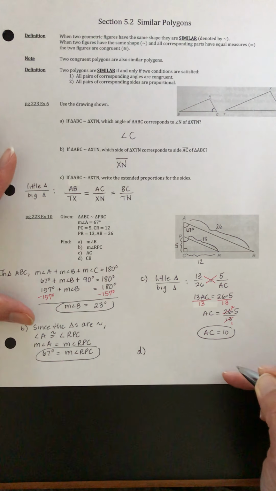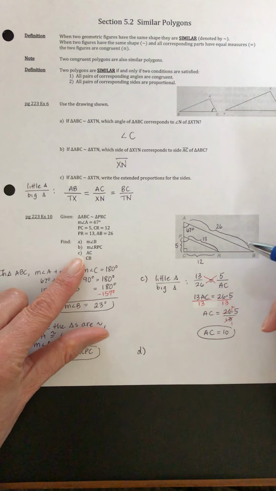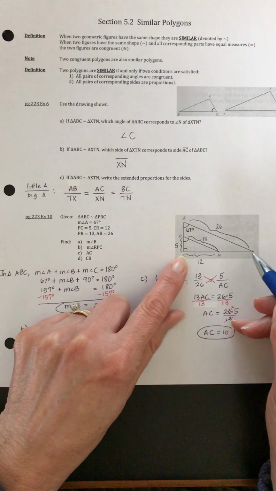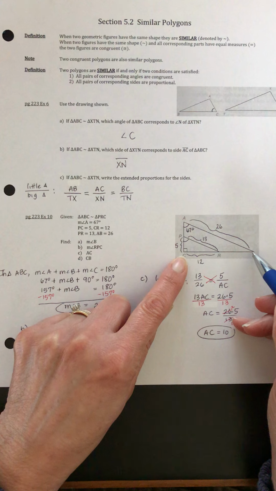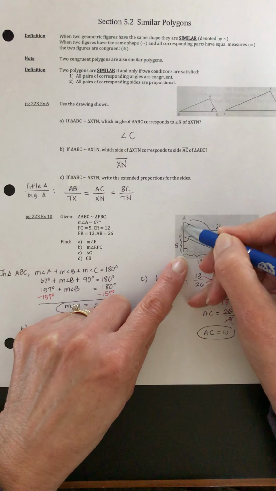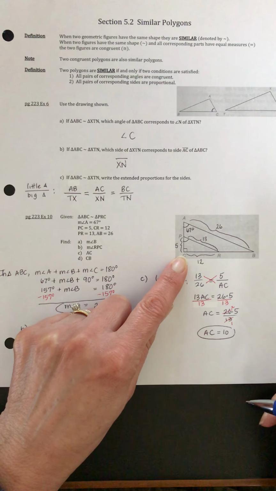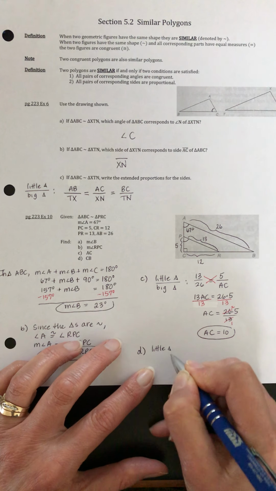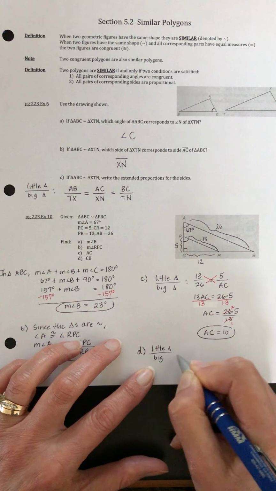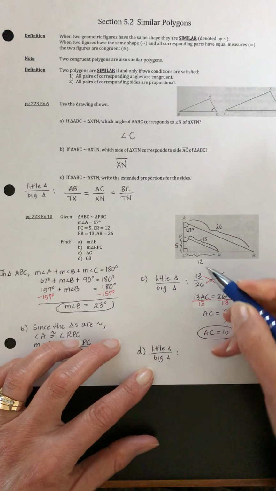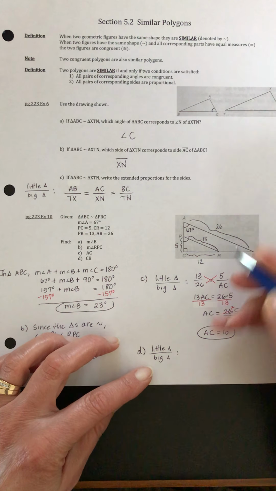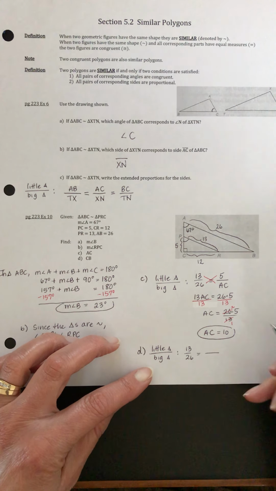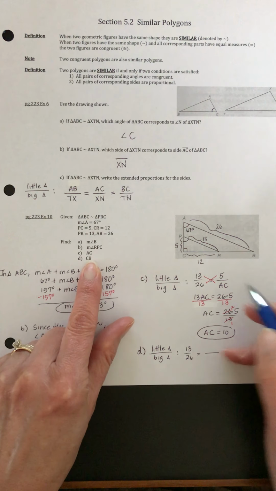Okay, now with part D here, we're supposed to find side CB, so this big one here on the triangle. So we have two ways. We can set up a proportion, or since we have this piece here and this piece, we could use the Pythagorean theorem. I'm going to go ahead and practice another proportion since that's what this section is about. Okay, so we know that we have this relationship 13 to 26, and that's equal to, we're trying to find CB.